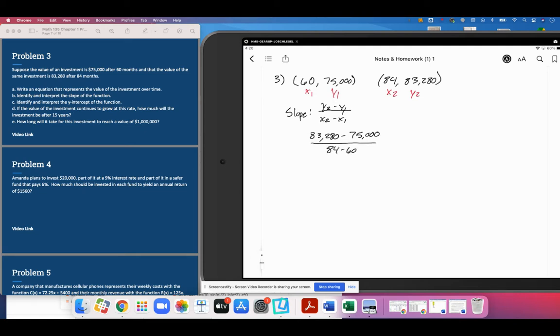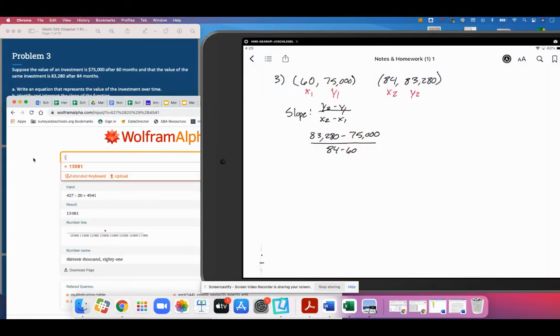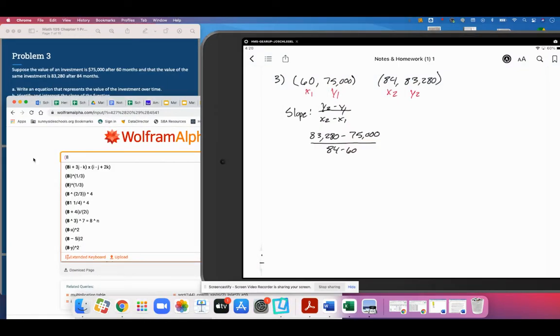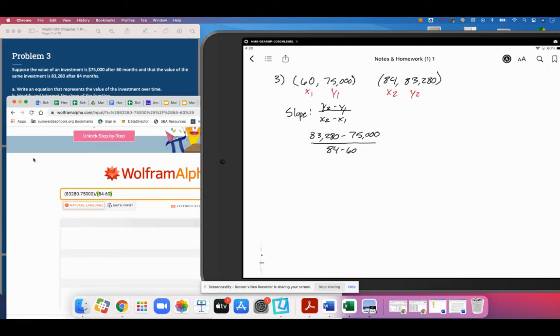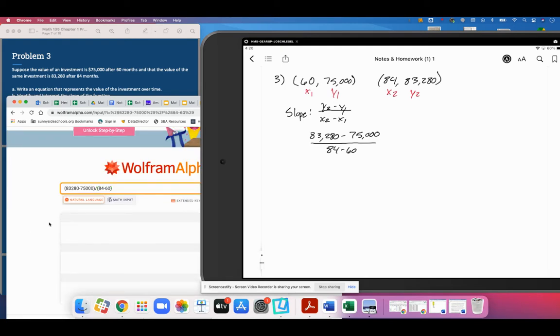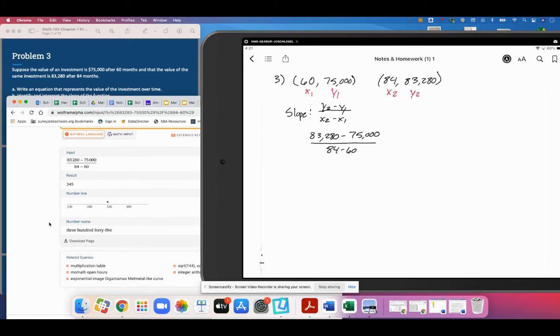I'm going to give that right to Wolfram, everyone, and see what we come up with. And we get a result of 345. So for this problem, our slope is going to be 345.